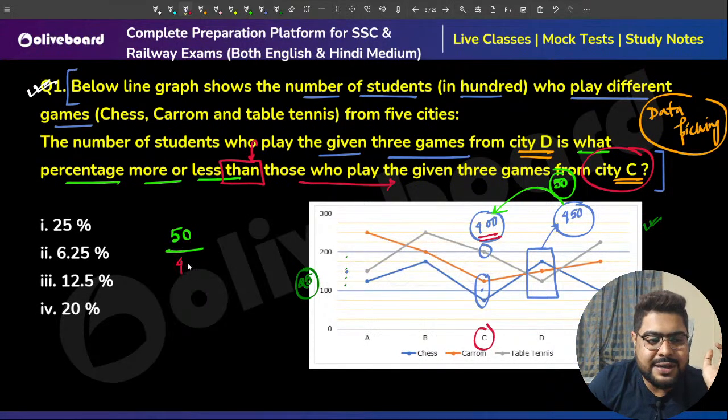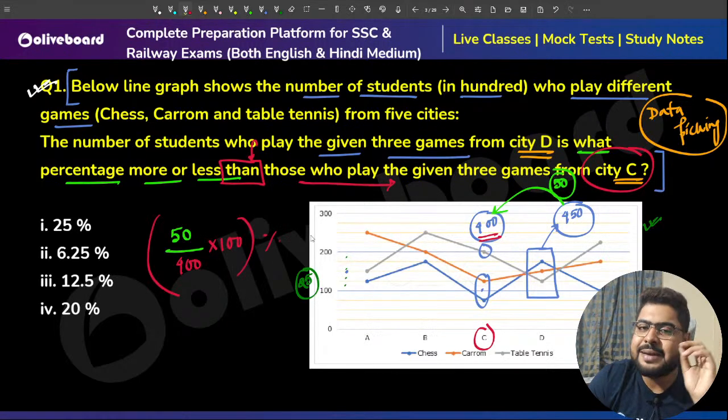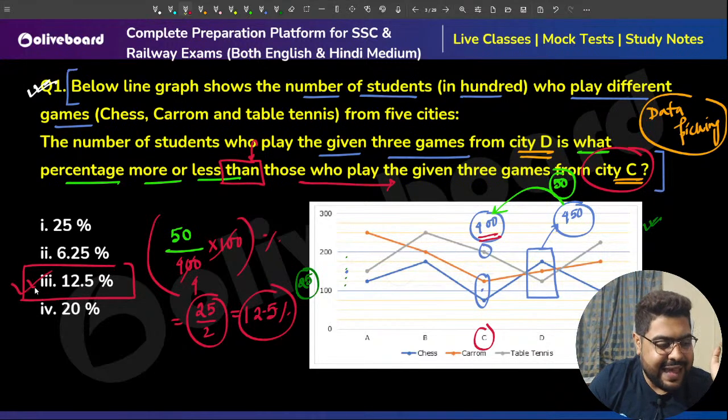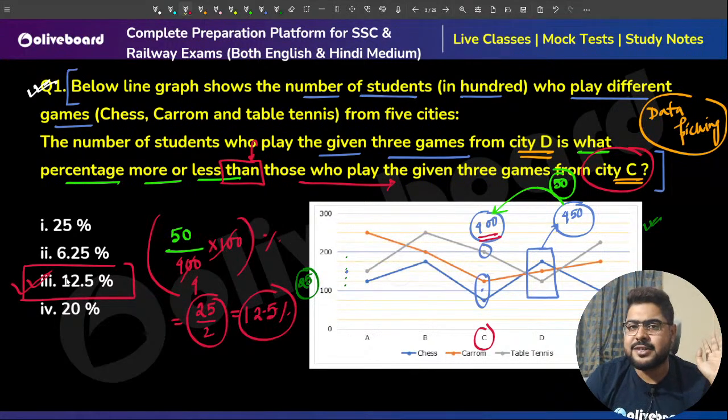So it is 50 by 400, and for fraction to percentage conversion, multiply by 100. It is 25 by 2, meaning 12.5%. Option number 3 is your correct answer for the first question. Very simple question. I hope this is clear.